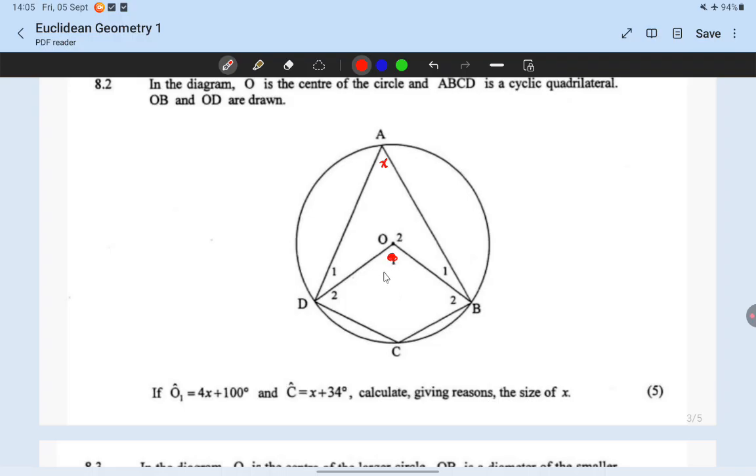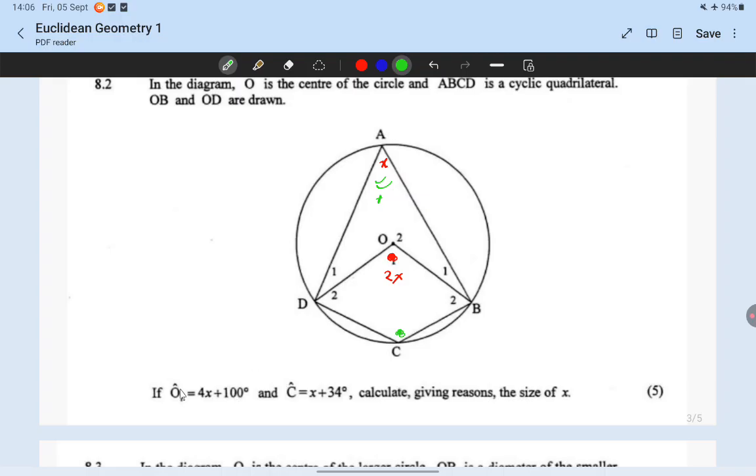So if this is x, this should be 2x. And again from this we can see that this angle here, that is angle A, if we add it to this angle that is C, we get 180, because opposite angles of a cyclic quad are supplementary. That's what you have to know always.